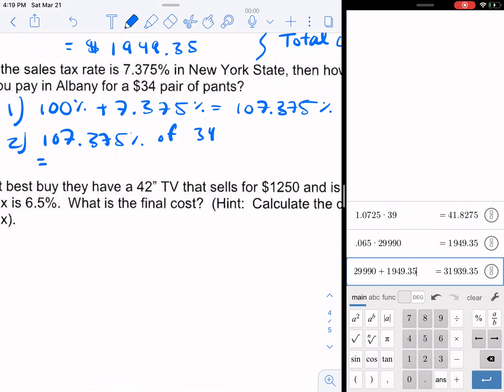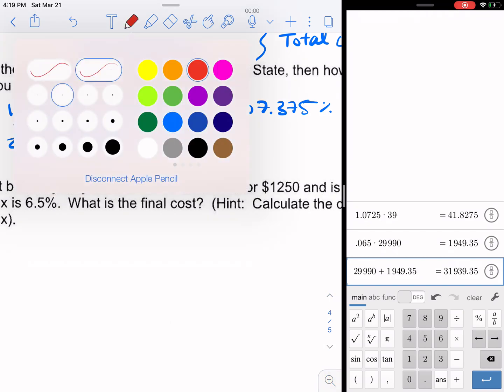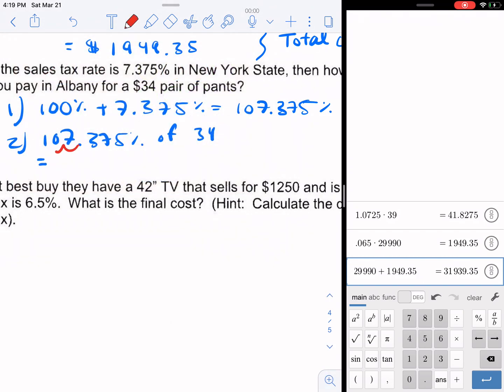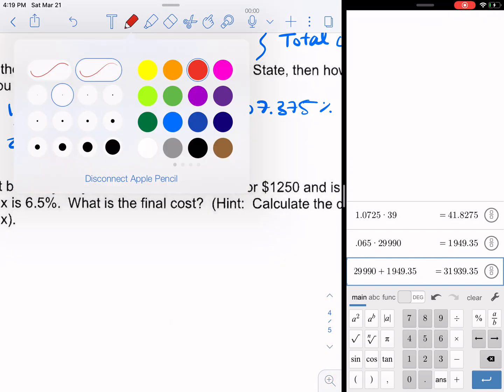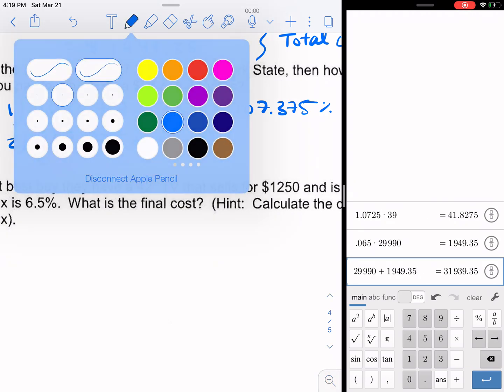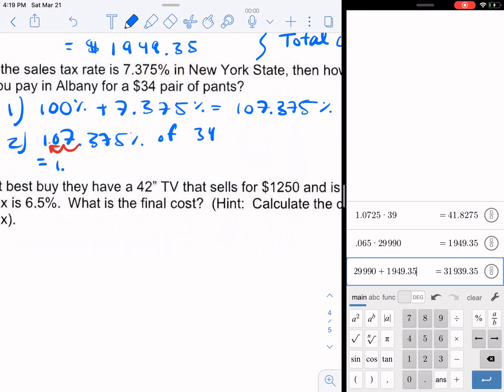Okay, I have to write that as a decimal, so move the decimal to the left twice, once, twice. And so you have 1.07375. Of means times, 34 means 34.